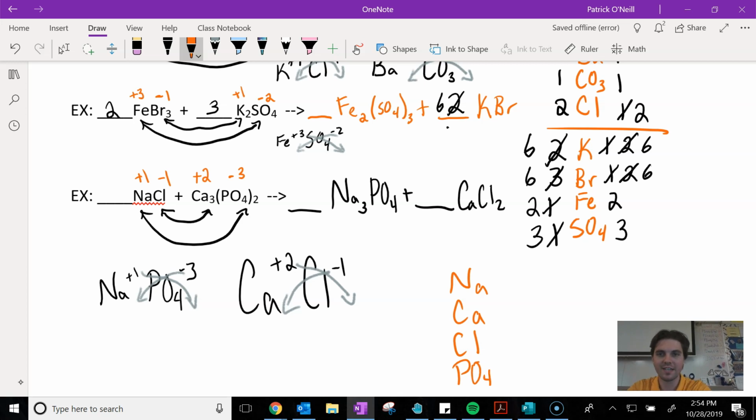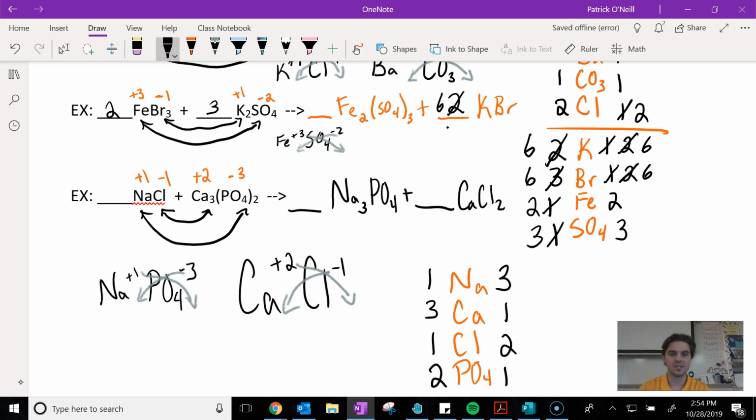Initially in this problem, we've got 1 sodium on the left, 1 chlorine on the left, 3 calcium, and 2 phosphate. Okay, on the right we've got 3 sodium, 1 calcium, 2 chlorine, and 1 phosphate.